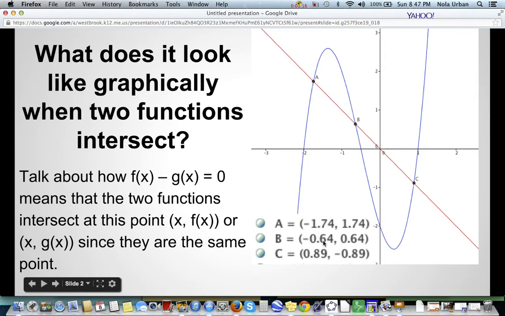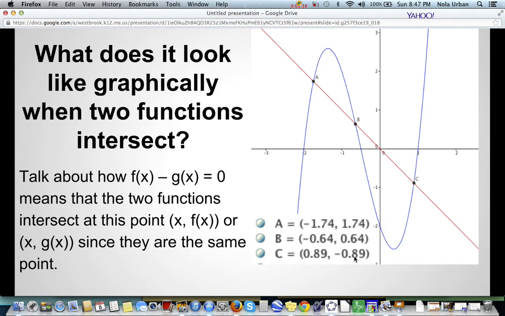And if I plug negative 0.64 into g of x, the blue function, I would also get positive 0.64 out. And likewise for C, if I plug in 0.89 and do the math, on the red function, I'd get negative 0.89. And on the blue function, if I put in positive 0.89, I would get negative 0.89 out.